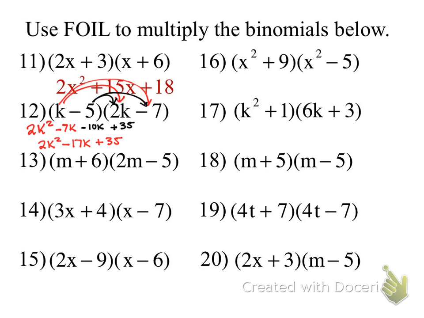You get 2m squared, minus 5m, plus 16, plus 12m, minus 30. And what does it simplify to? 2m squared plus 7m minus 30. Good. You get the idea?